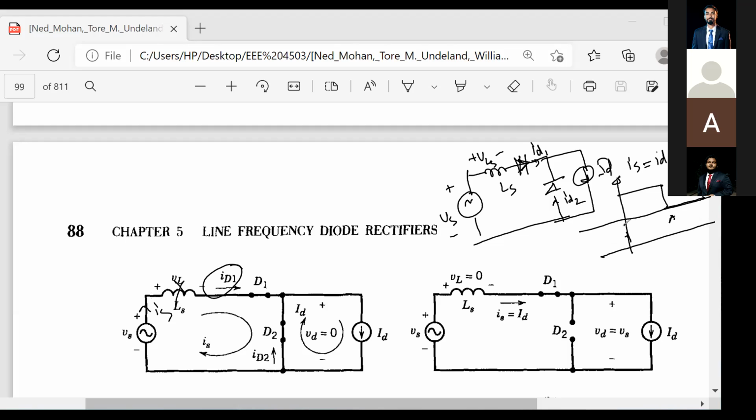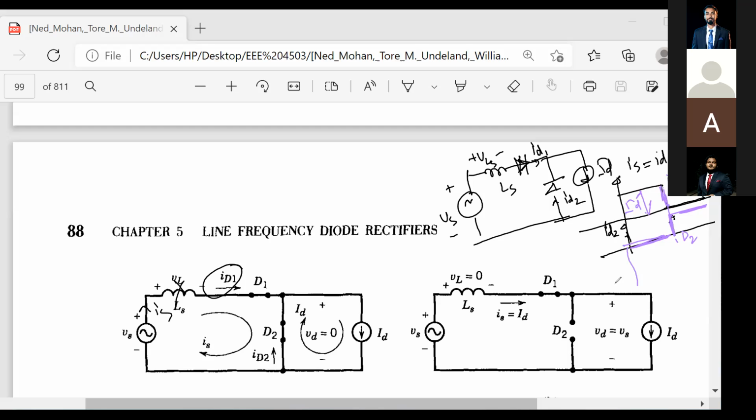So if I plot ID2, then ID2 has taken the current, and this value we can capitalize. So the shifting of the current from D1 to D2 is done instantaneously. There is no delay, right? Yes or no? Yes, sir.